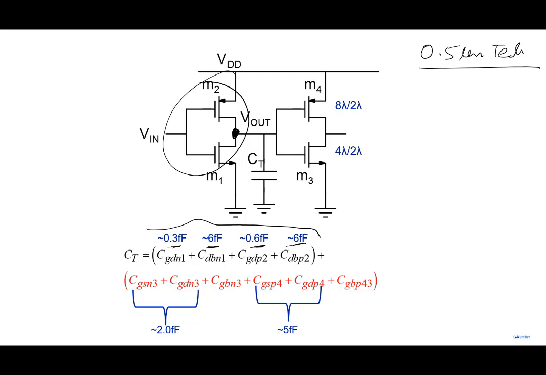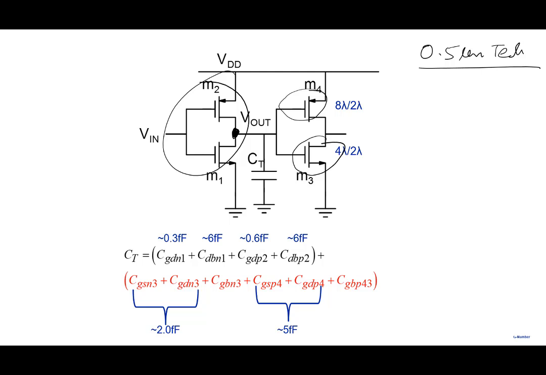The second ones come from the load, the NMOS load: gate to source/drain and gate to drain, 2 femtofarad, and for the other, gate to source/drain and gate to drain, 5 femtofarad. Just look at the numbers here. If you look at a single component, which stands out?